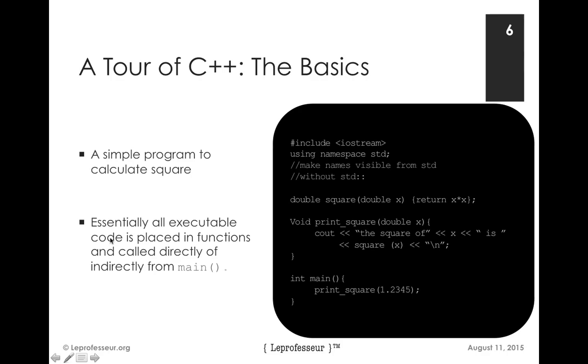Essentially all executable code is placed in functions. This is important, because the ideal way is to create more functions and directly or indirectly call those functions from the main program.